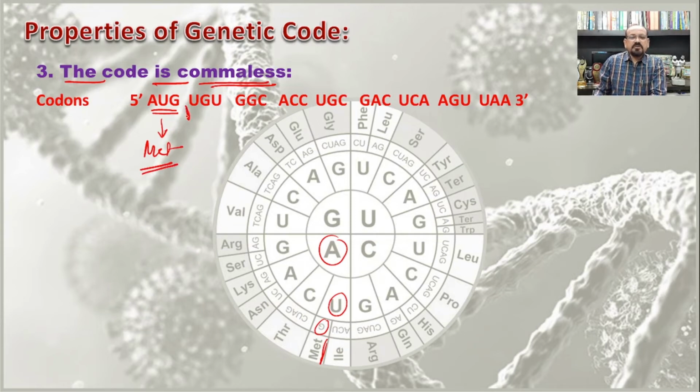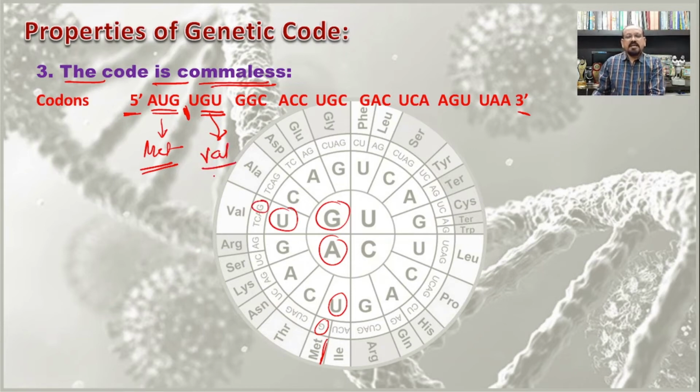Then here there is no gap of nitrogen bases in the form of a comma or any other thing in between the codons. They are continuous right from the 5' end to the 3' end. Then GUG is there, that is G, U and G, so it is valid.